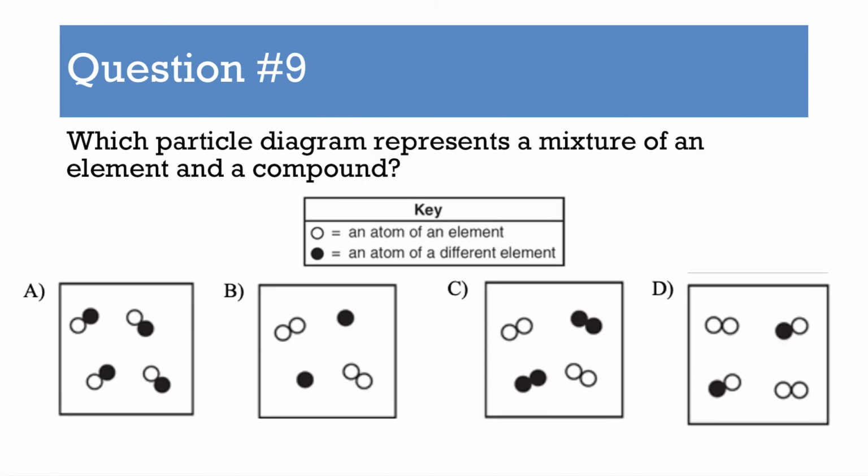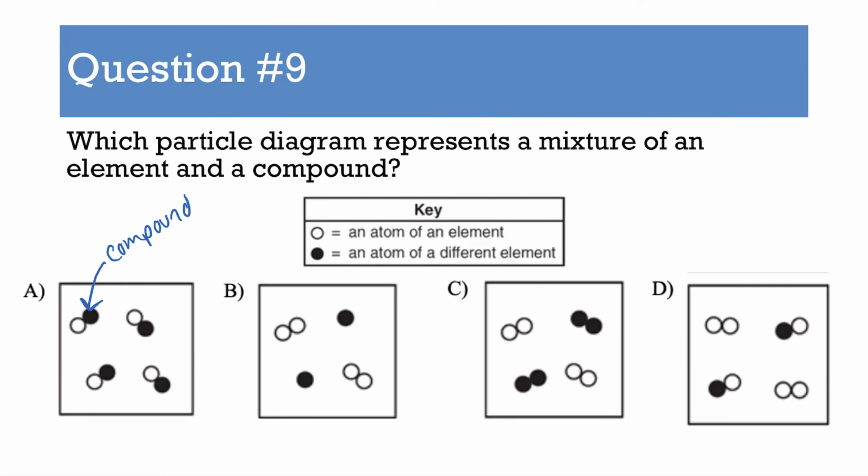Almost done. Number 9. Number 9 says, which particle diagram represents a mixture of an element and a compound? So one of the first things you need to do when you have a particle diagram, or something I highly suggest, is label all the different pieces in your box. So if you look here, we have a black circle and a white circle connected together. And if you have two or more different colors connected, that is a compound.